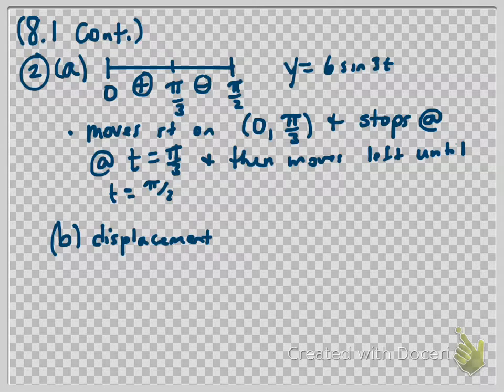It's S of B minus S of A. This is the general definition, right? So what I want for this problem is S of pi halves minus S of 0, right? Does the fact that we just wrote that tell us what we need? Yes. What do we need?